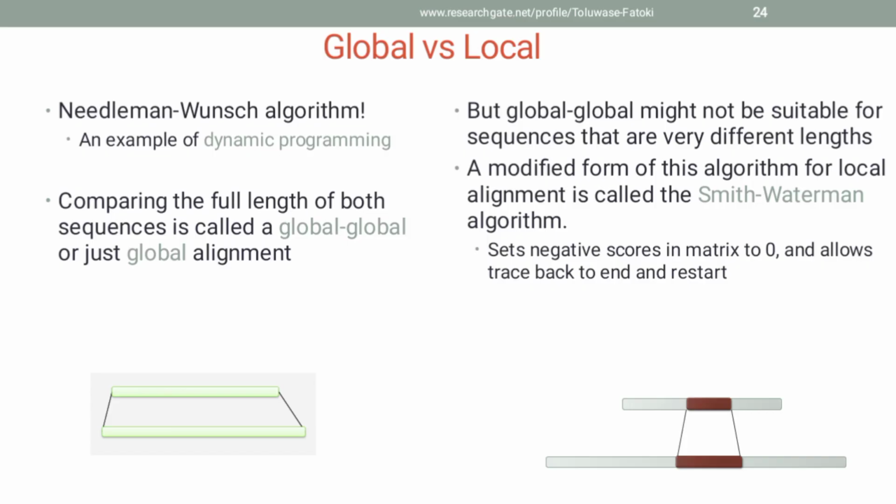But the local alignment, which makes use of the Smith-Waterman algorithm, considers only the areas that are somewhat similar. It looks at the conserved area or area of similarity in protein A and compares it with protein B, or the second sequence, gene A together with gene B. So they consider that area of similarity, as you can see in the figure presented on this slide.